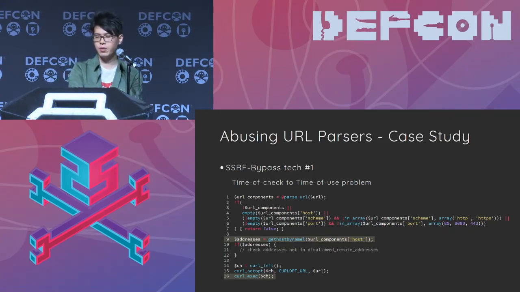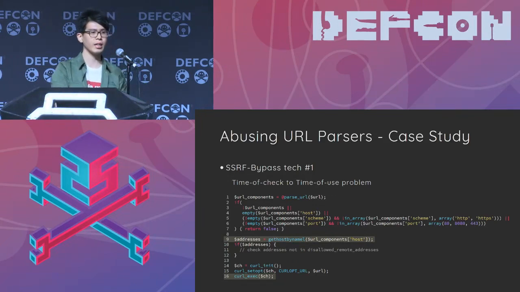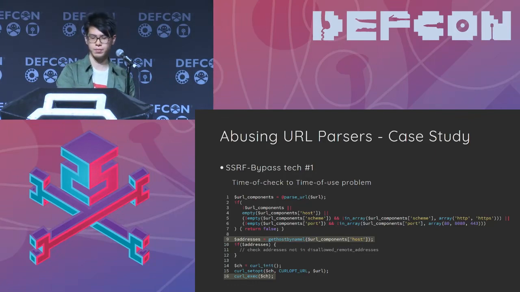MyBB uses parse_url to check whether the hostname, scheme, and port are valid or not, and also uses gethostbyname to resolve the domain, ensuring that the address is not in the blacklist. If the URL passes all the checks, MyBB will fetch the resource by curl. The problem is the state of check and the state of use can be different.